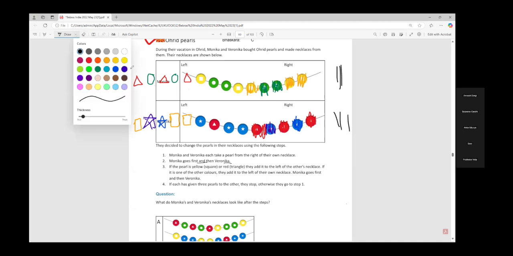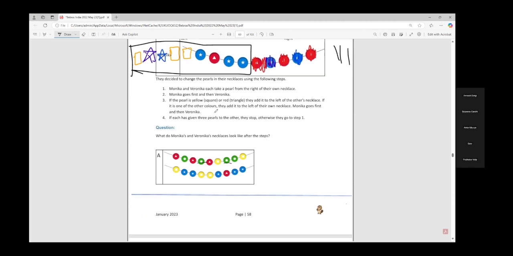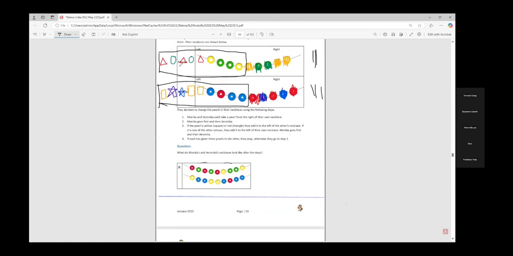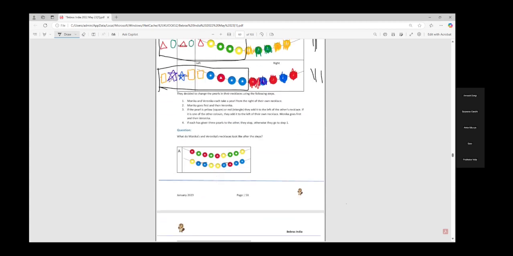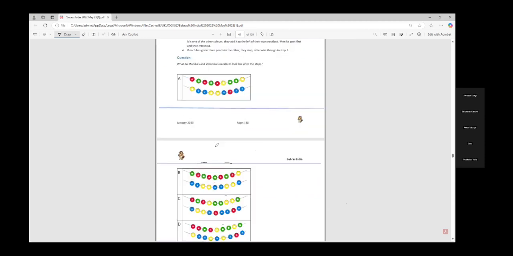So in the end, this and this is how their necklaces should look. We just have to find the option. If we look at option one, let's look at the rest so that we can just cancel them out. We need Monica's to be triangle, circle, triangle, circle, triangle.